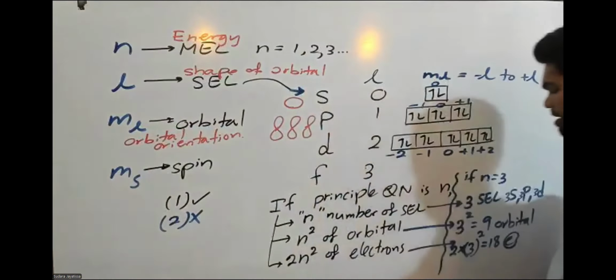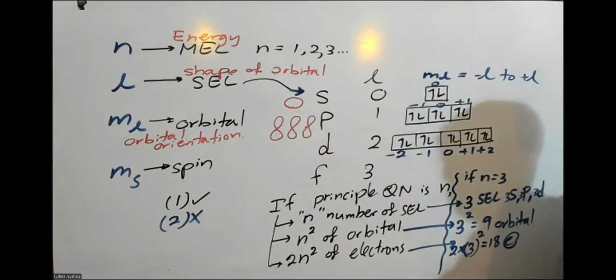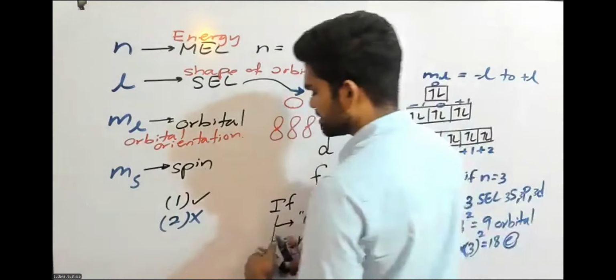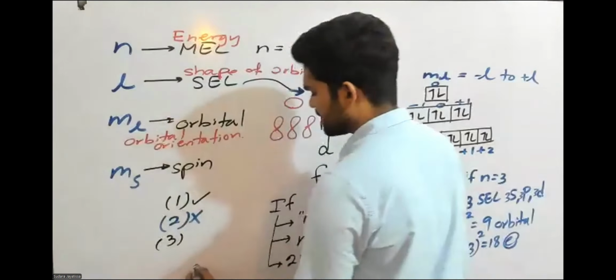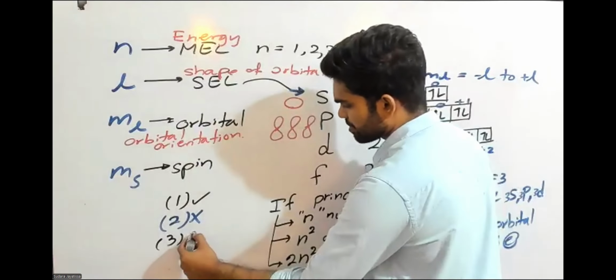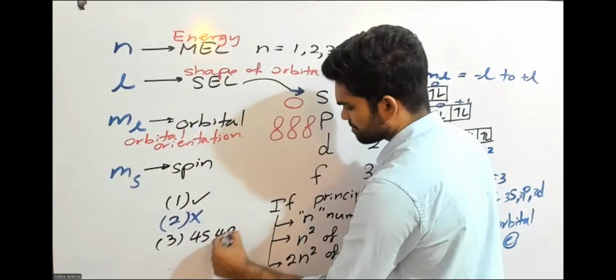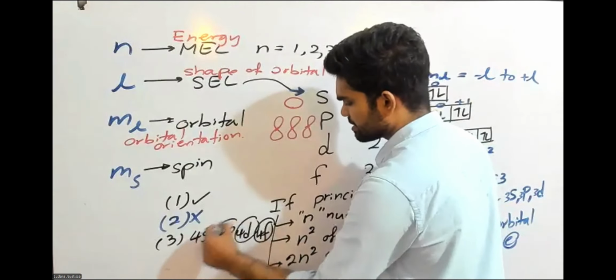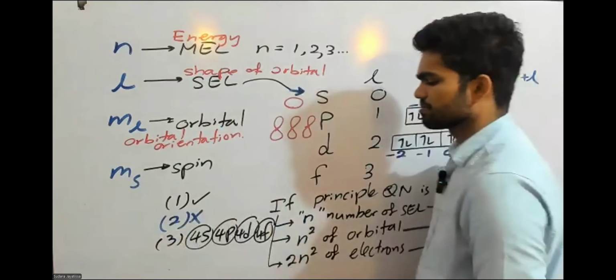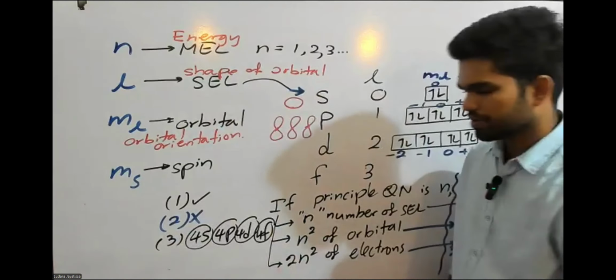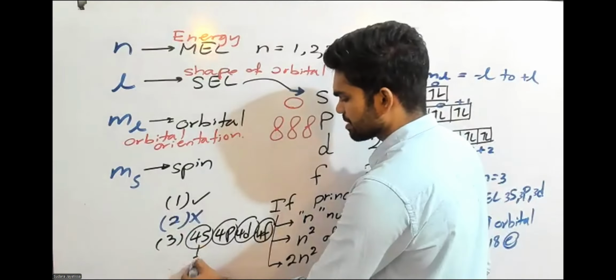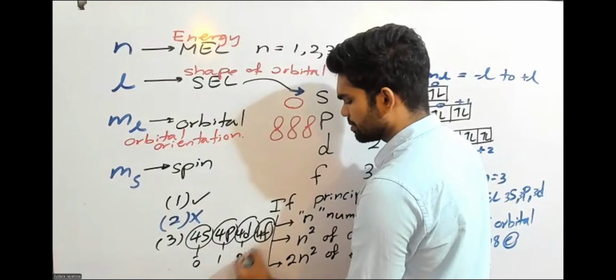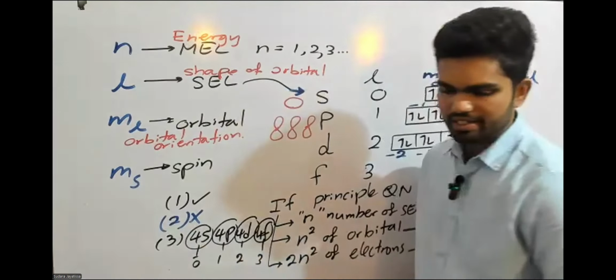If n equals 4, there will be 4s, 4p, 4d, and 4f. There will be 4 sub-energy levels, represented by 0, 1, 2, and 3. So that statement is correct.